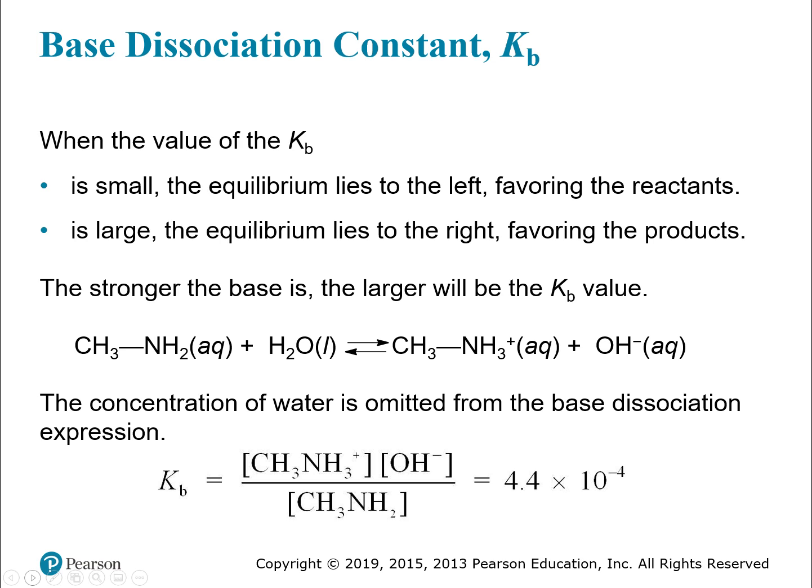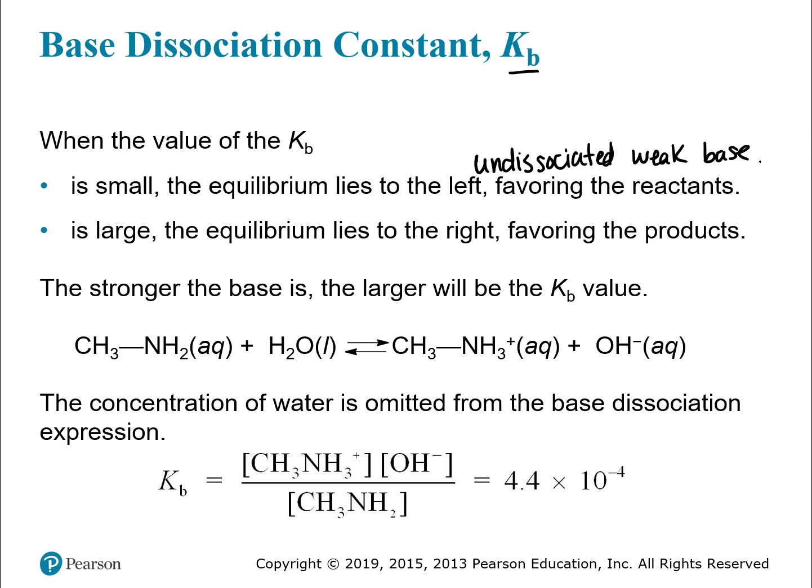The same thing is true for the base dissociation constant, which is called the Kb. If you have a small Kb, then the equilibrium lies to the left, which means that you're going to have undissociated weak base. That's what your reactant is.